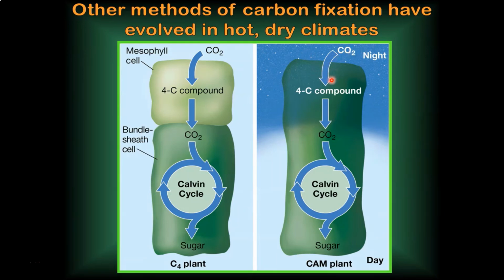The CO2 pours in at night, and then during the day, sure, you're going to close that up, but that's okay because you stockpiled so much CO2 in here again as 4-carbon compounds and CO2 that when the sun comes up and it gets very hot, okay, the stomata are going to close, but that's okay because here's all the CO2, and now the light reactions kick into high gear. They're producing your ATP and NADPH, and that's okay because here comes CO2, and we're ready to keep going through the Calvin cycle. So a very cool evolutionary adaptation.